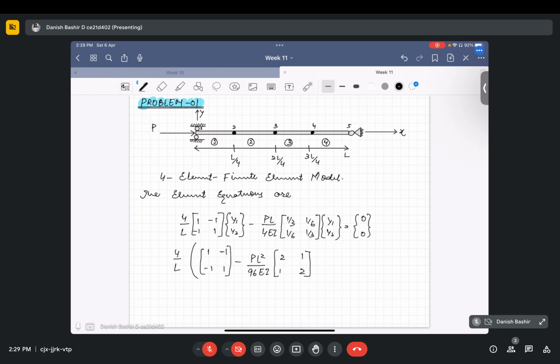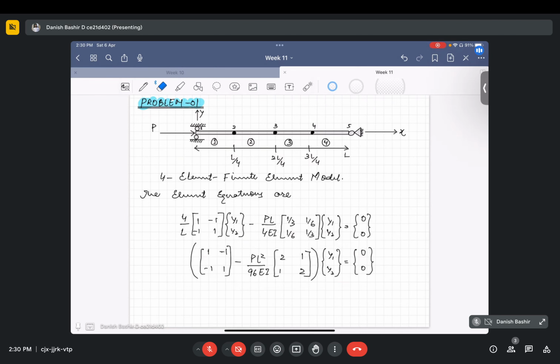Just simple algebra. y1 y2 is equal to 0, 0. Since 4 by L cannot be equal to 0, the whole bracket is equal to 0. So I am just erasing 4 by L from this.